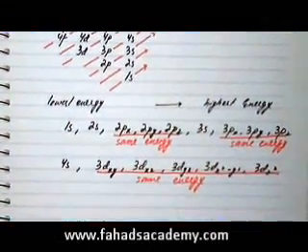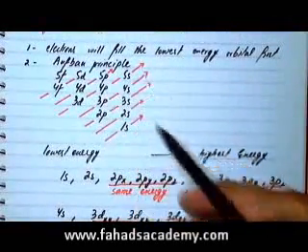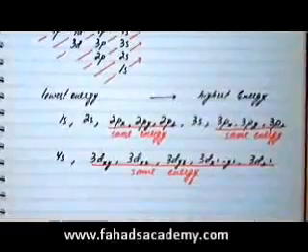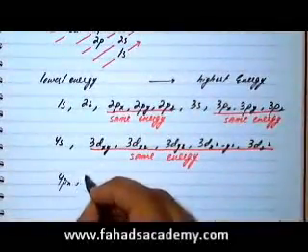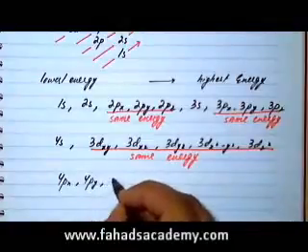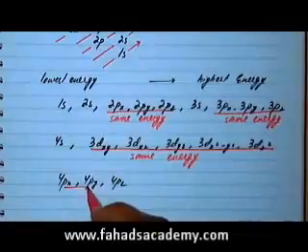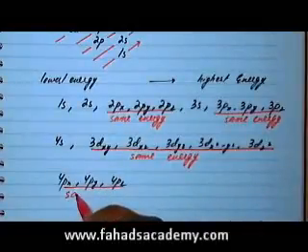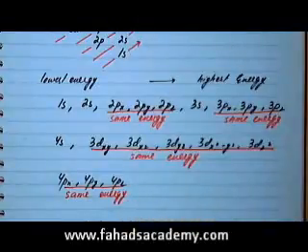Then if we keep on moving after the 3d, you have the 4p and the 5s orbitals. So you have the 4px, 4py, and the 4pz orbital. Again, these 4p orbitals are exactly at the same energy level.